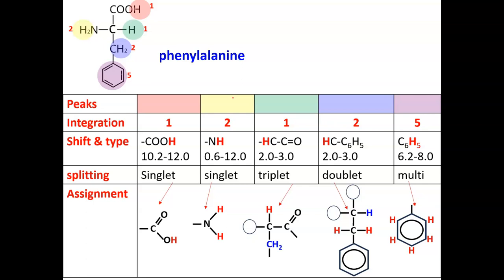The hydrogen on a carbonyl group, very common, between 2 and 3 on the shift scale, and the hydrogens on a carbon bonded to a benzene ring in the same zone between 2 and 3. And then the arene protons themselves, somewhere around 7, which are a multiplet, but don't worry about that because we don't deal with the splitting of those.